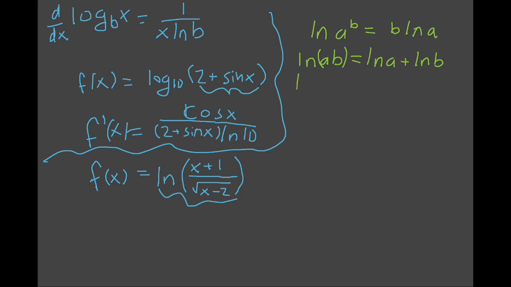Now our final rule is that if you had the natural log of a divided by b, you could separate that into the natural log of the numerator minus the natural log of the denominator. So these are the three laws that come in handy.